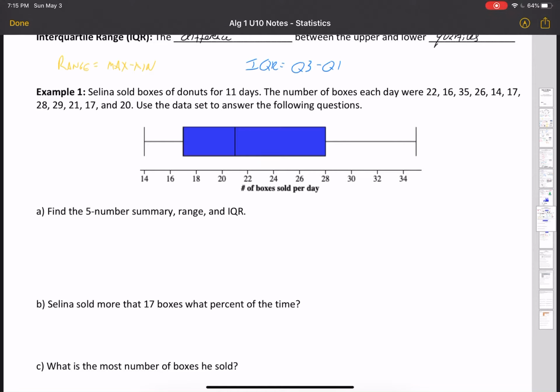Okay, and this one is nice. So we want to find the minimum, Q1, the median, Q3, and the max. The minimum is 14.